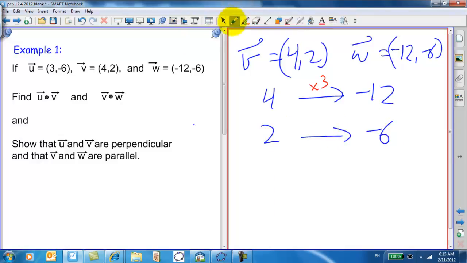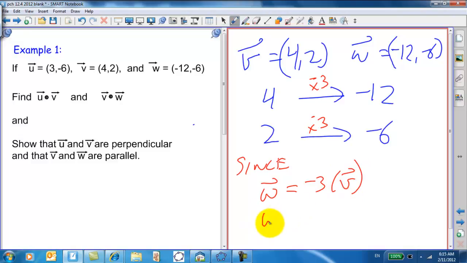Yes, you multiply by negative 3. So, since w equals negative 3 times v, w is parallel to v, since they're scalar multiples of each other.